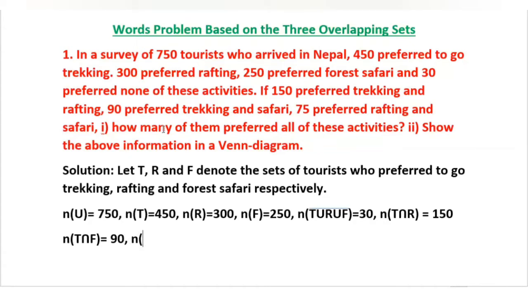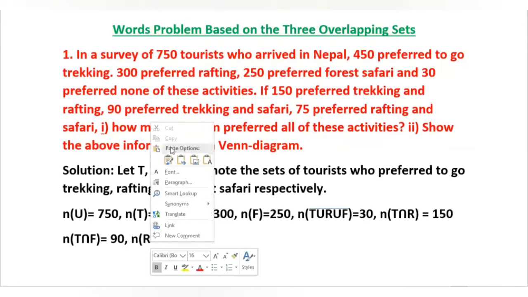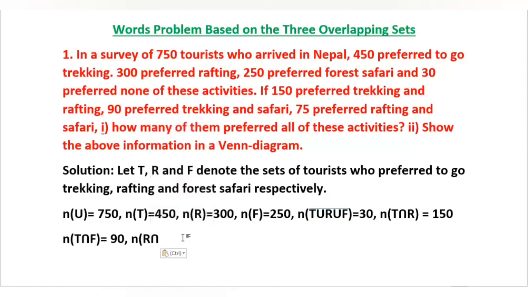Then n(T ∩ F) is 90 prefer tracking and forest safari. And 75 prefer rafting and forest safari. So here we need to give forest safari, not as we have supposed. Forest safari, 75. 75 prefer rafting and forest safari.